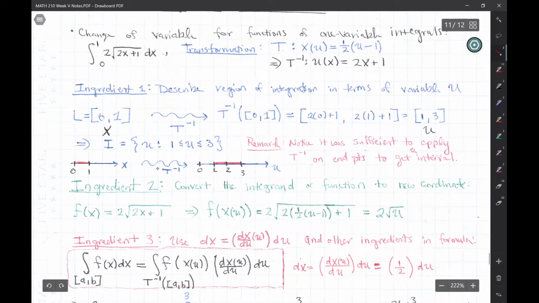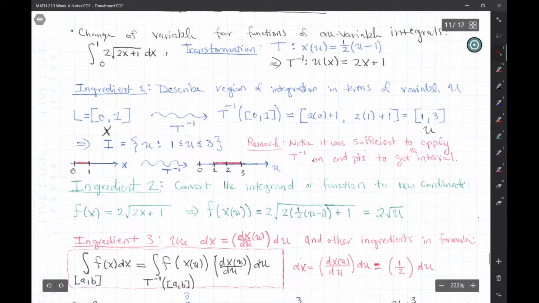And so what did the inverse transformation do to this interval along the x-axis? It transformed it to this interval in the u-axis. We could describe that new interval thusly: the set I is equal to u, such that u is between 1 and 3.